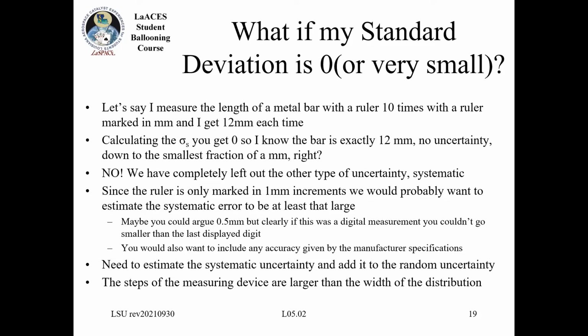The reason I get 0 for my standard deviation in these cases is that the increments and steps of the measuring device are much larger than the width of my distribution. Another way of saying that is my systematic error is large and dominating, and you could even say it's masking your statistical error.